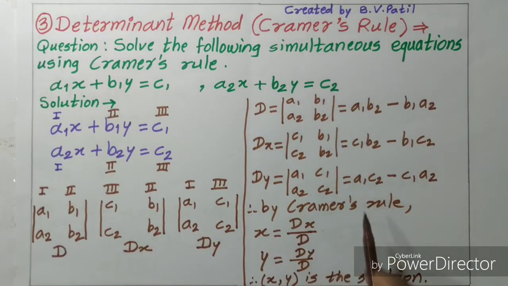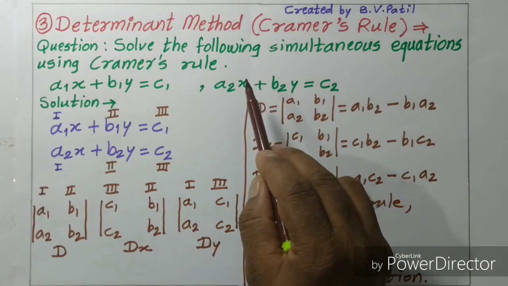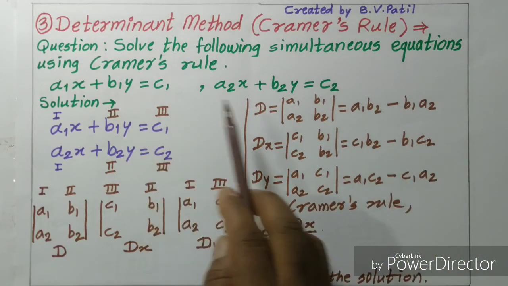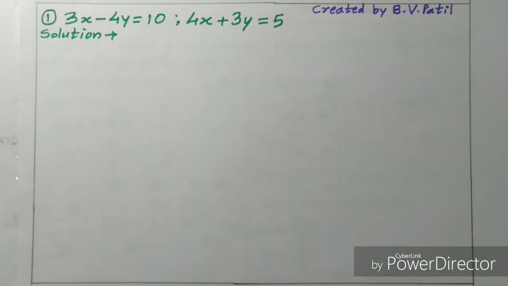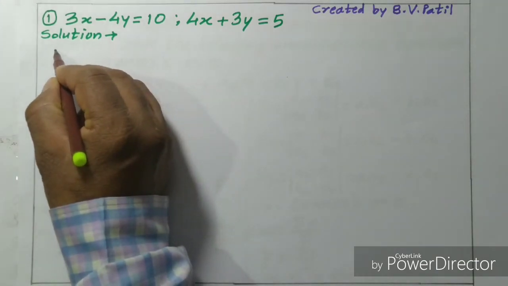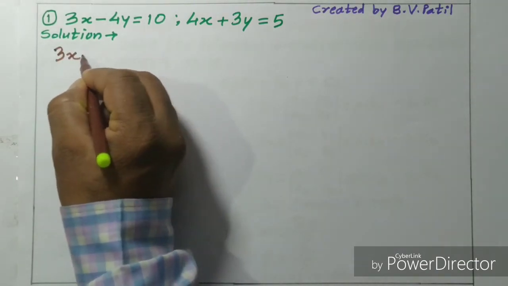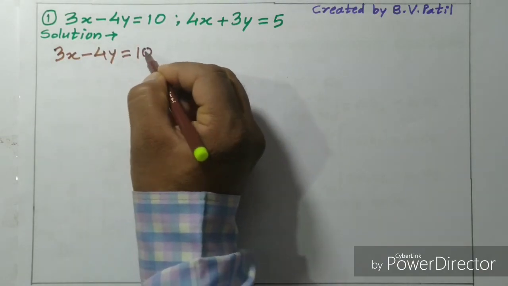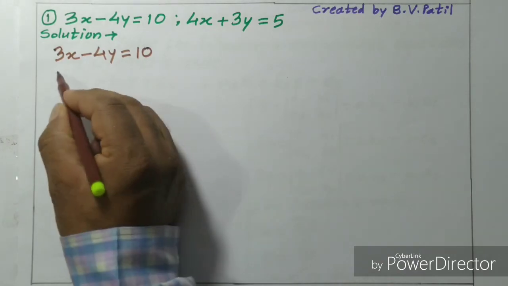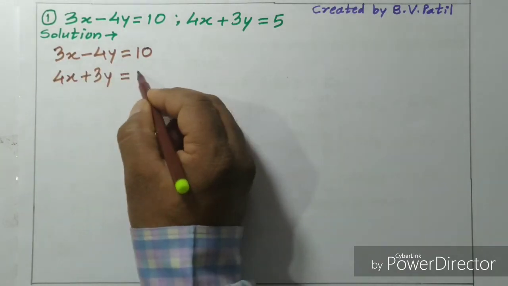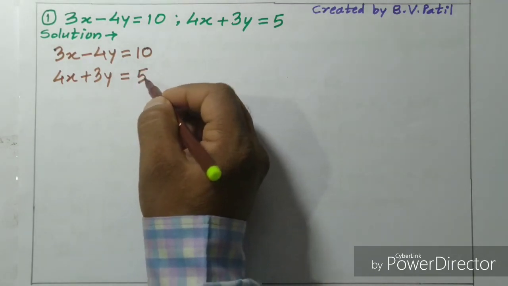This is the method of solution for solving simultaneous equations by using Cramer's rule. We solve an example here. That example is given. We write here the constant on the RHS side, and in the second equation the constant 5 on the RHS side.